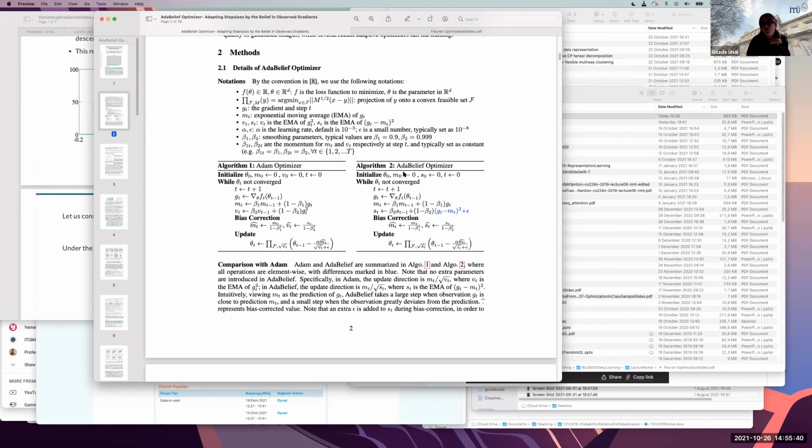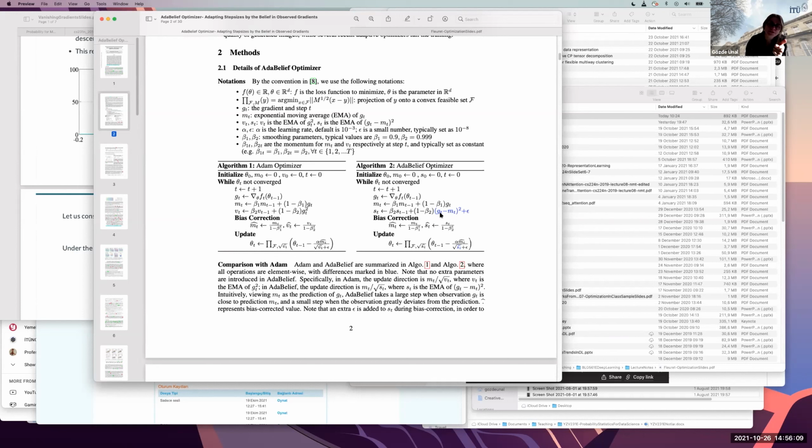So AdaBelief, these authors proposed it. What changed is their idea: instead of collecting squared gradients, let's collect centered squared gradients. I'm already collecting a mean momentum, an accumulated first-order momentum.